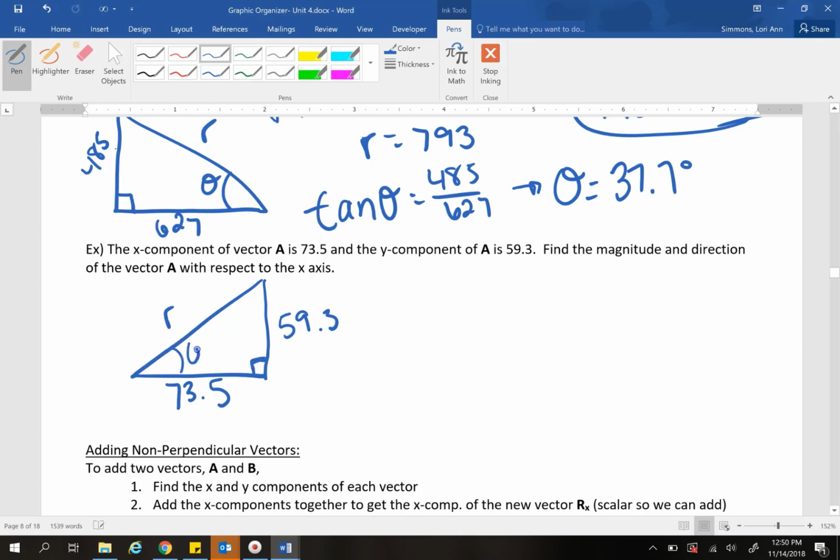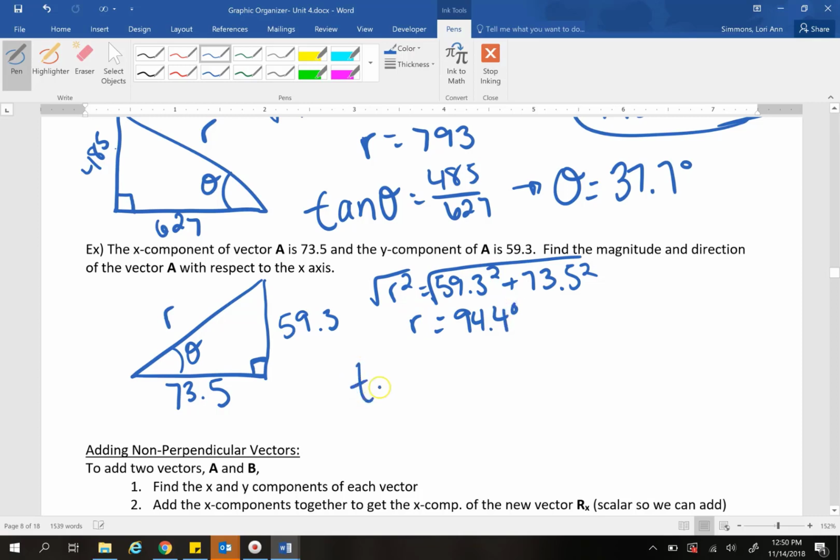And this is going to be the direction. So you can use Pythagorean's theorem. Take the square root. So r should equal 94.4 degrees.